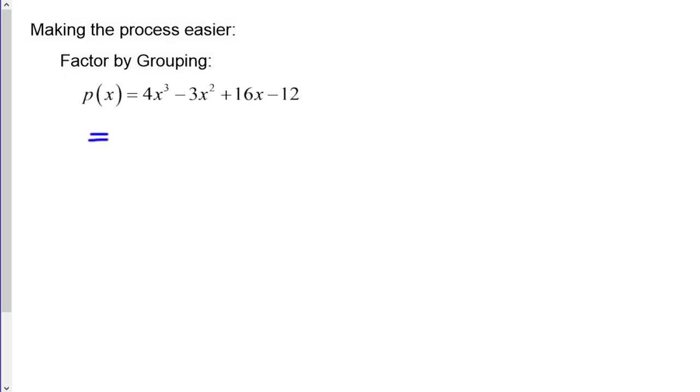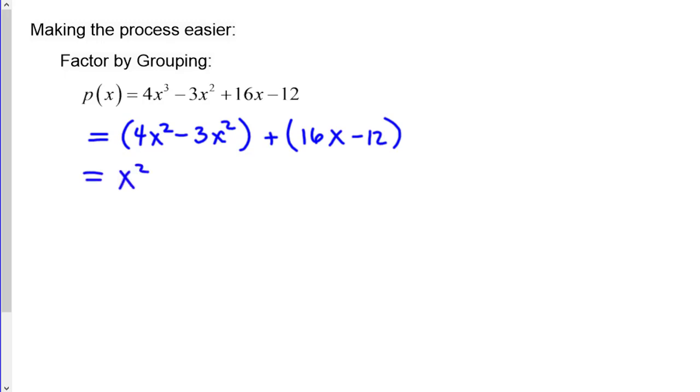So factor by grouping says to take the first 2 terms, group them together, and the second 2 terms, and group those together, and pull out a common factor from each group. So I can pull out an x squared, whoops, this was an x cubed. Let me just do that right there.